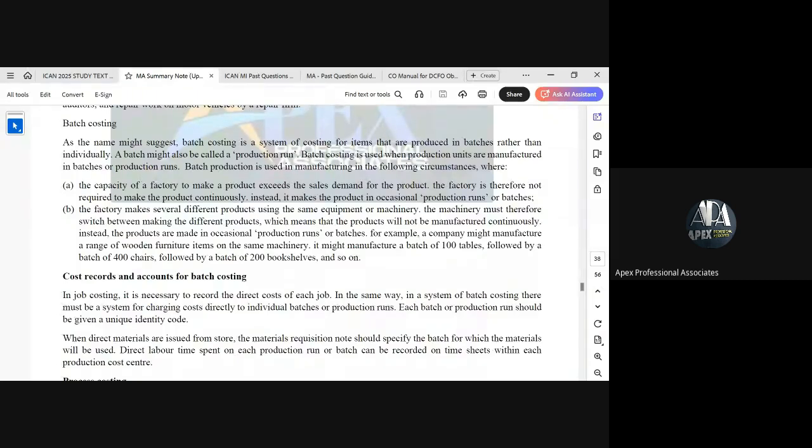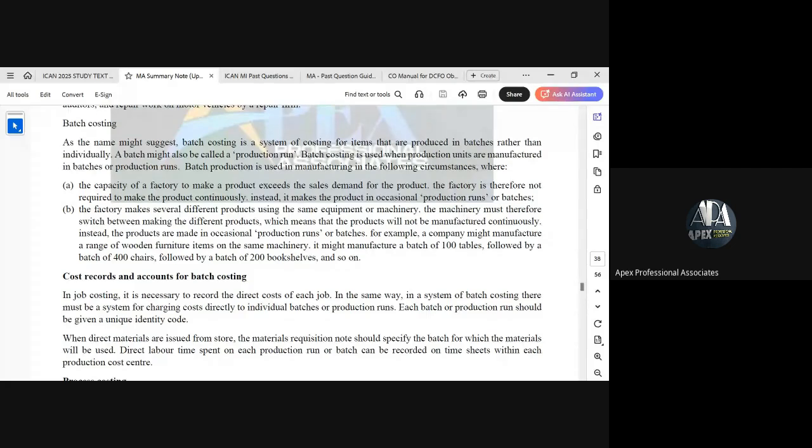Then in some industries, it is impractical to manufacture items one by one. Unless you make several units at a time, you cannot do one of them. You cannot produce just one. For example, the printing of flyers. If you are familiar with the printing business, you will realize that it is not profitable for a printer to go and print just one piece.